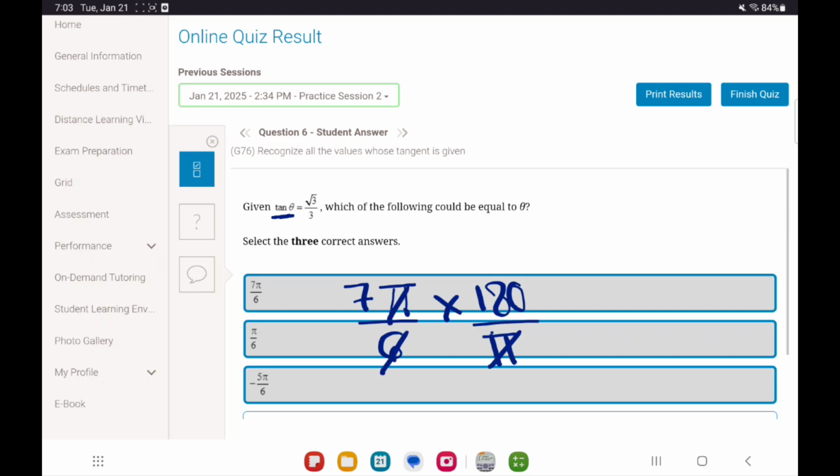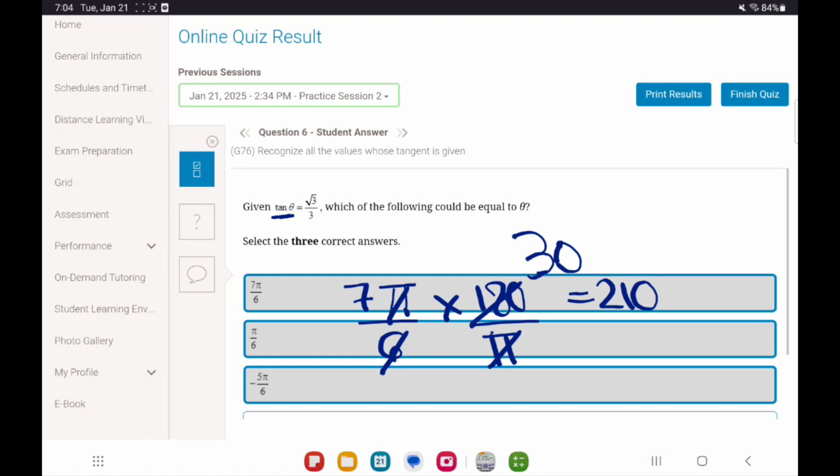Cancel, cancel, cancel, cancel. 30, because we saw in the other question that 60 times 3 is 180, so the opposite is 180. 6 times 30 is 180, so 7 times 30 is 210. Remember that.